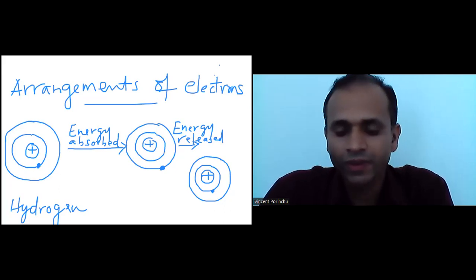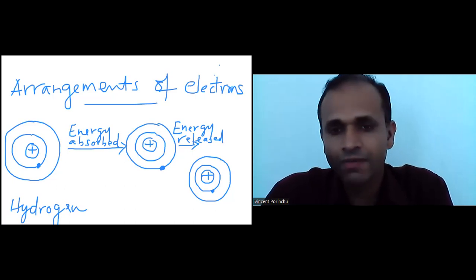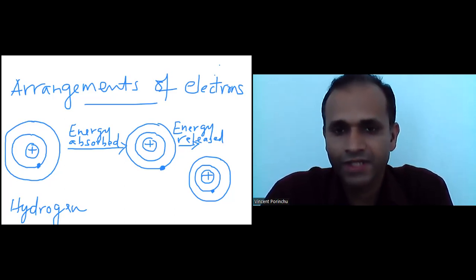According to Niels Bohr's concept, when an atom absorbs a certain amount of energy, the electron present in the atom gets to an excited, or more reactive, state.